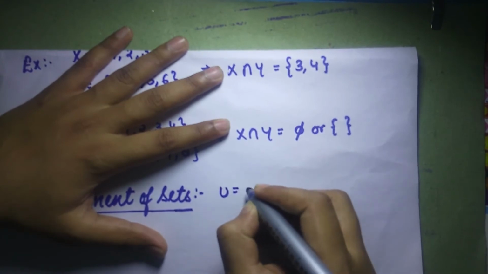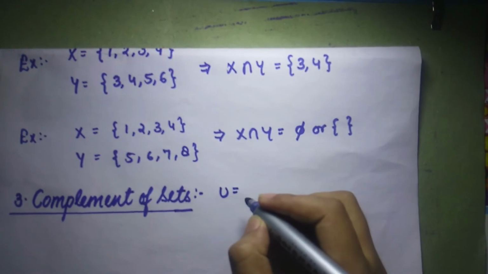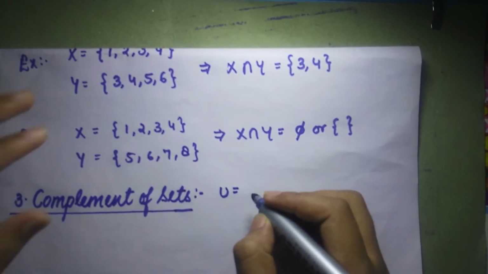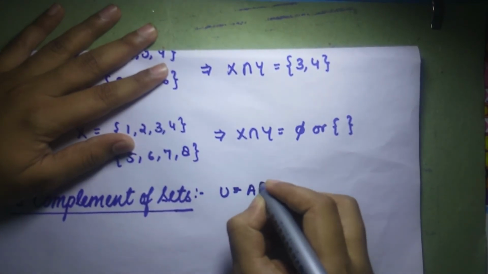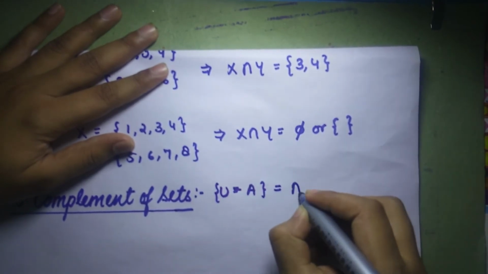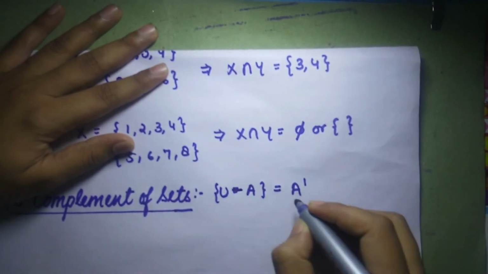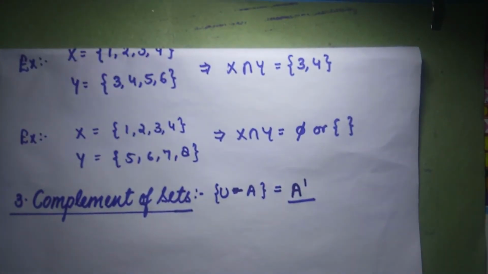The universal set contains all the elements of the given sets. We write U minus A equal to A dash. This is called the complement of set A, or A dash.